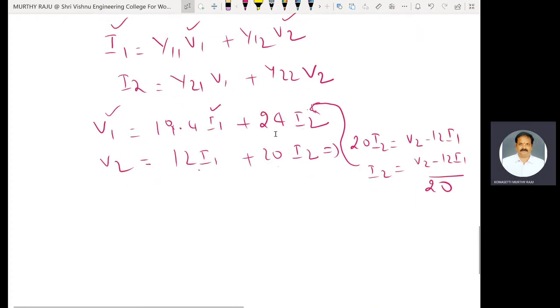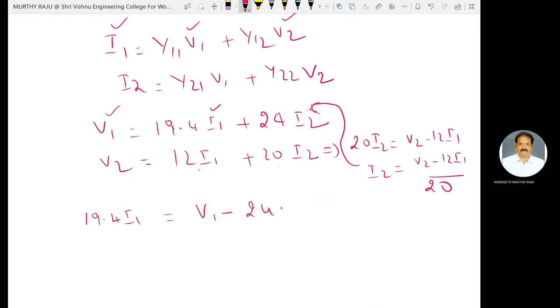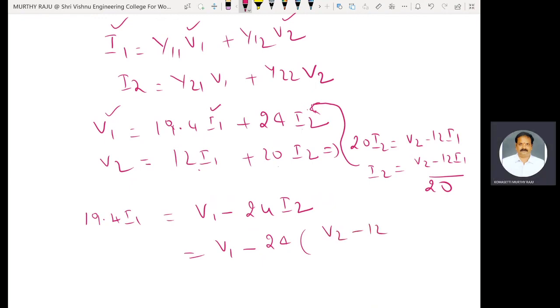Therefore, finally, 19.4 I1 is equal to V1 minus 24 I2. V1 minus 24 I2 is V2 minus 12 I1 by 20.